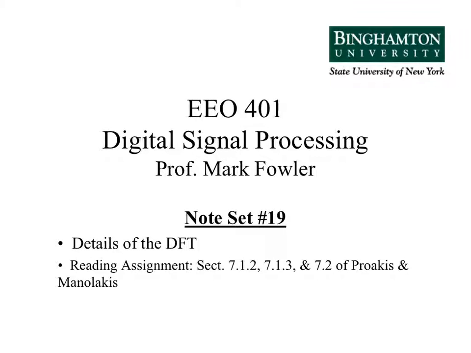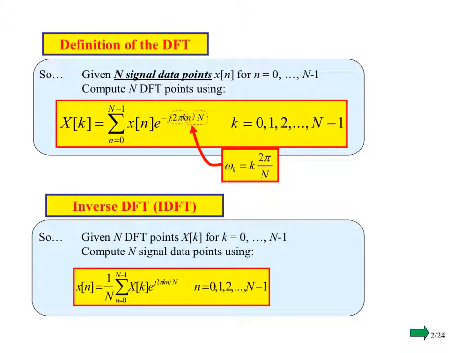Okay, so let's go to the next slide, where we just reiterate our definitions of the DFT and the inverse DFT. The key here, you'll notice, is that I'm switching some notations around.